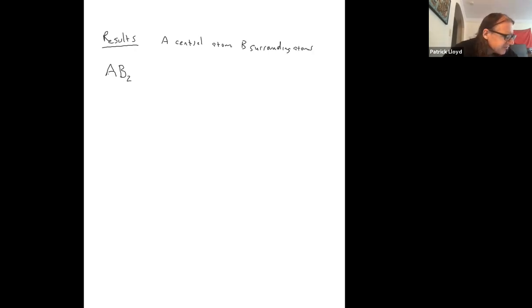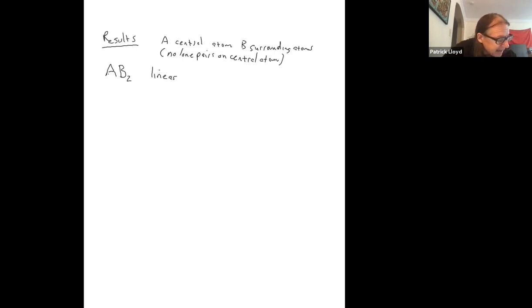This table makes the following assumption: there are no lone pairs on the central atom, so only surrounding atoms. When you have one central atom and 2 surrounding atoms, you get a straight line, which is called linear. That's the name of the shape.